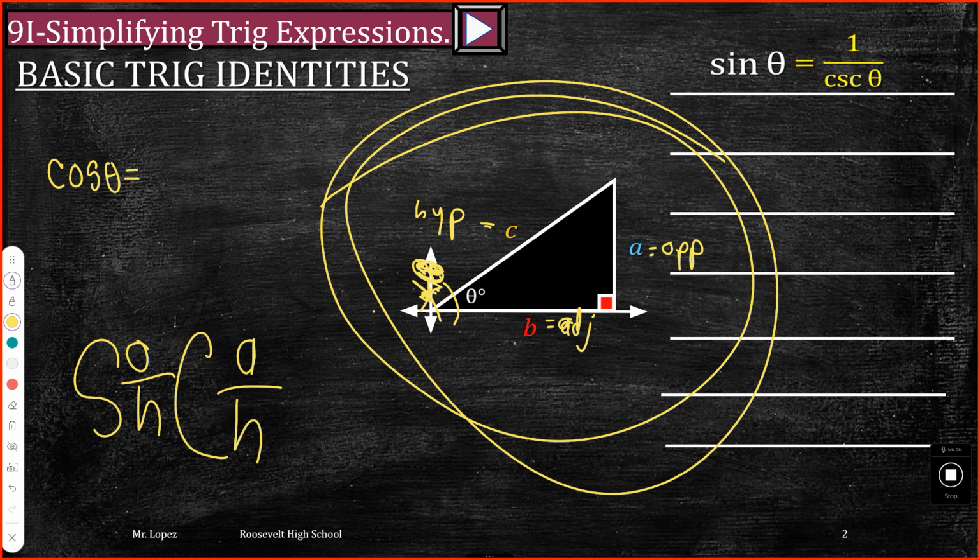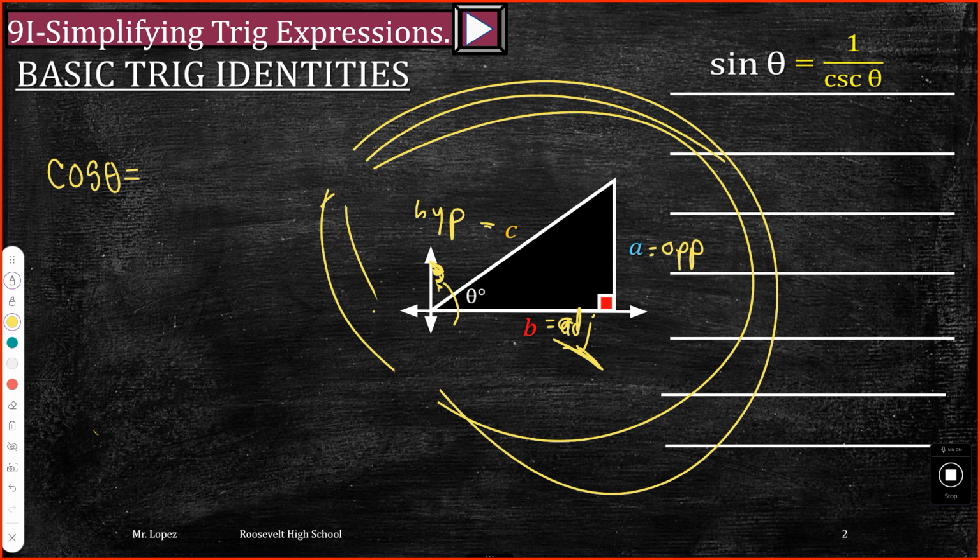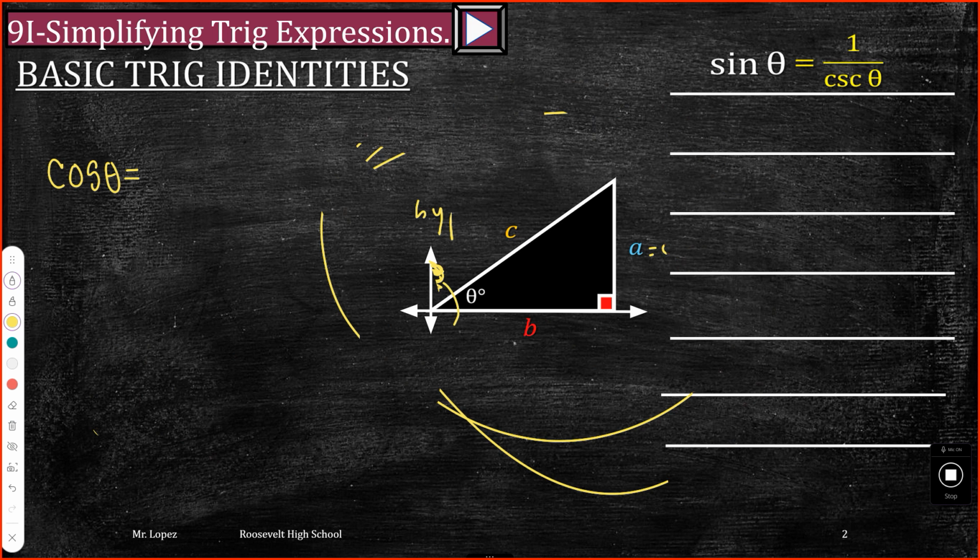So it's A over H, not the letter A, oh, is that confusing? But adjacent over the hypotenuse. So what is it going to be? B over C. B over C. So this is B over C. This is not going to make much sense if you don't know SOHCAHTOA.